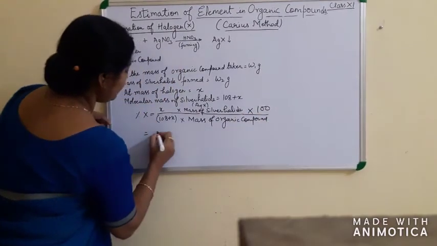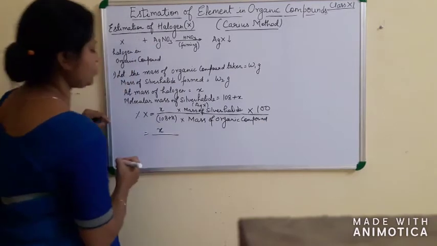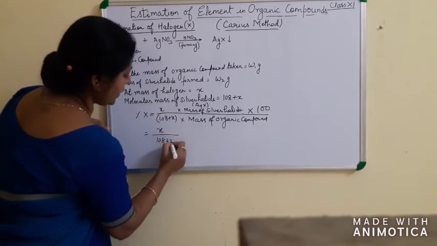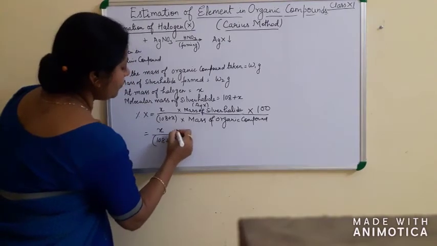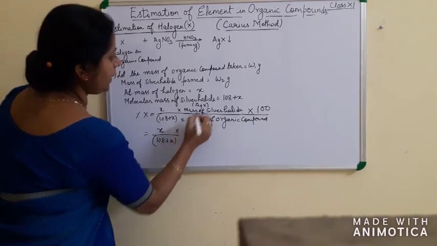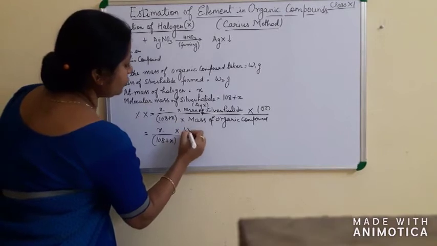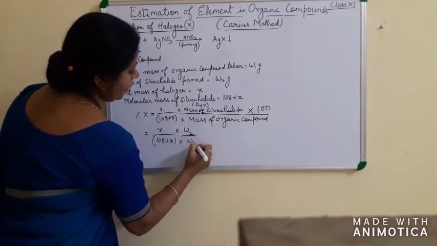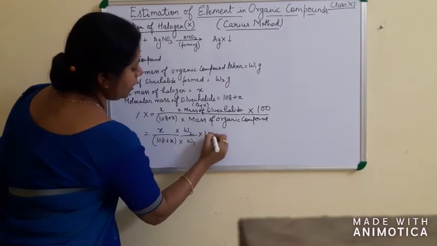In short, we can write atomic mass of halogen divided by molecular mass of silver halide, into mass of silver halide W2 upon mass of organic compound W1, into 100.